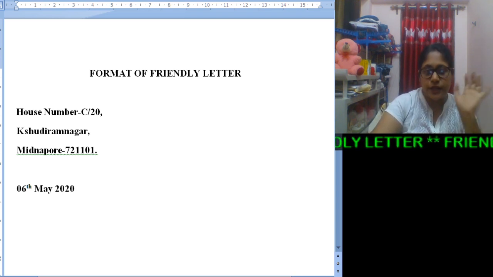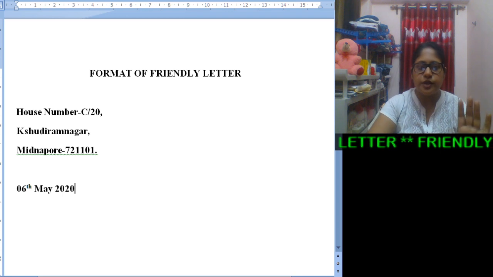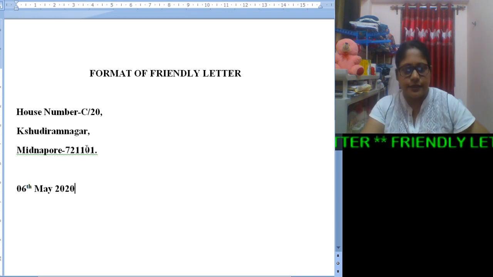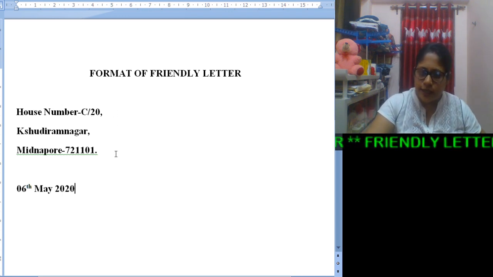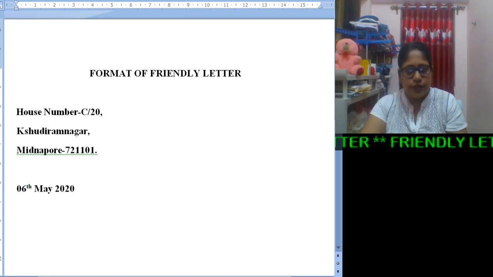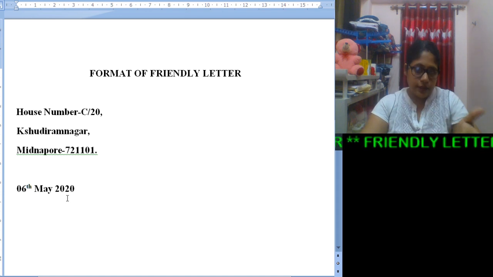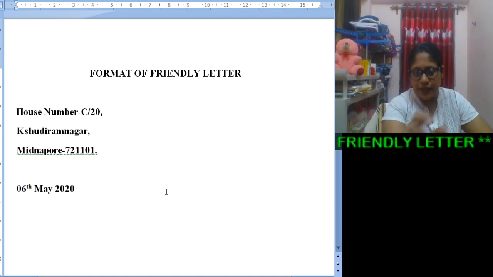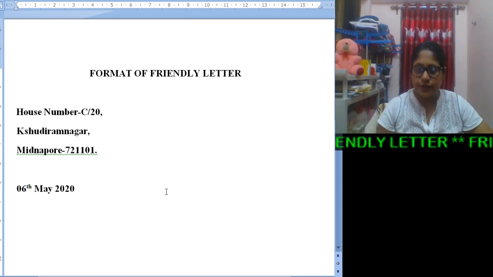You need not punctuate this with comma or full stop. It will be simply like this. First you all will put the sender's address, then you will leave a space, then you all will write the actual date of that particular day, then again you will come to the salutation part, and in the date part you are not going to punctuate this, right?